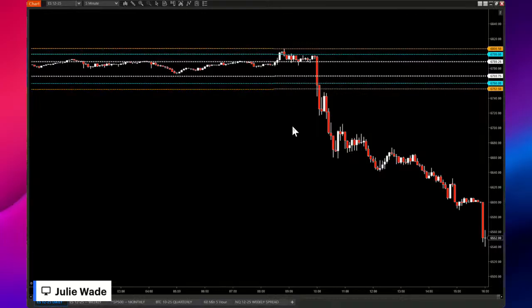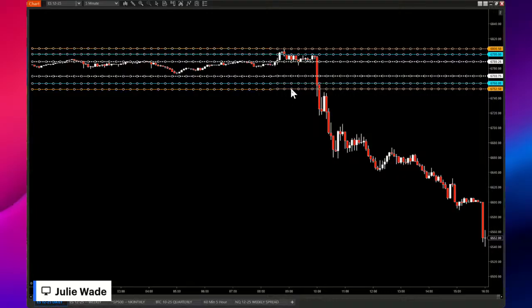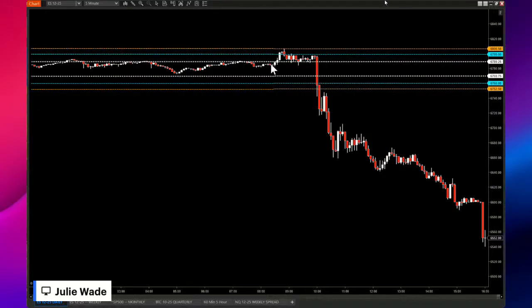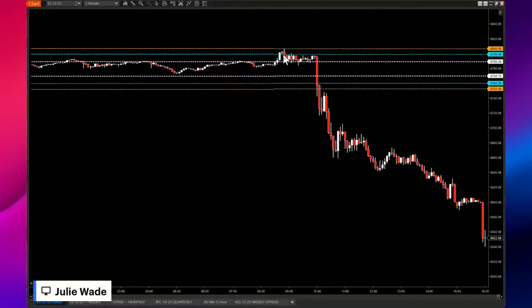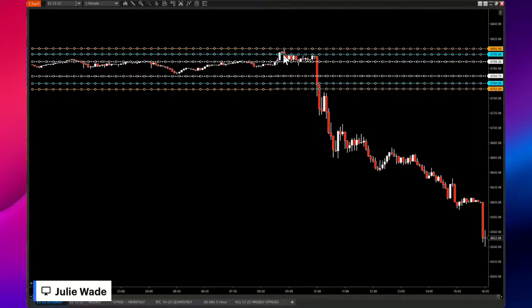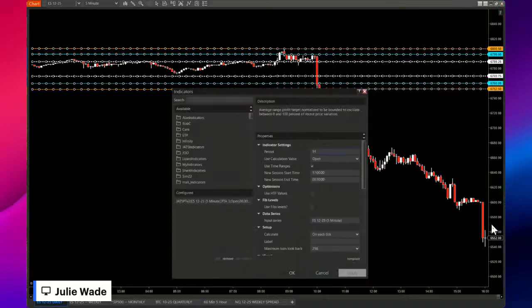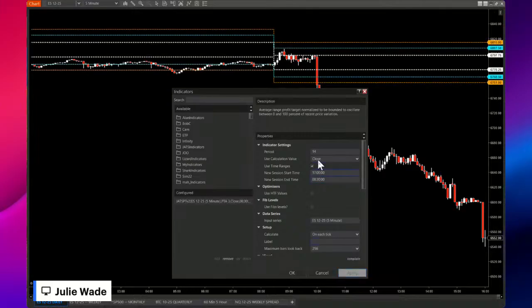So that's not going to work. Interesting that the high on Friday went to the Globex range. I thought that I would get some bars. I guess we're not going to get the Globex bars until the market opens, so I can't show you this. So my apologies.